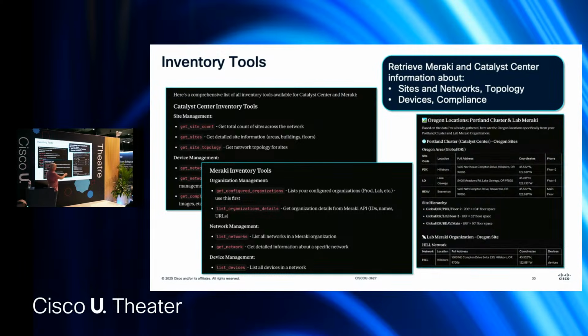If I'm querying about all the sites for a specific location in Oregon, it gives me all the sites from multiple Catalyst Center clusters and multiple Meraki organizations, looking through 2 Meraki organizations and the Catalyst Center clusters. In this case, I filtered through the Portland cluster in the Meraki lab, so it was only looking at one cluster and 1 Meraki organization, but you can make it network-wide.